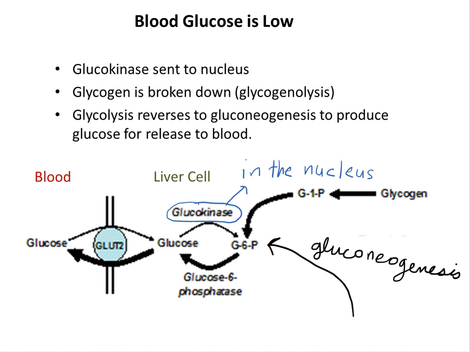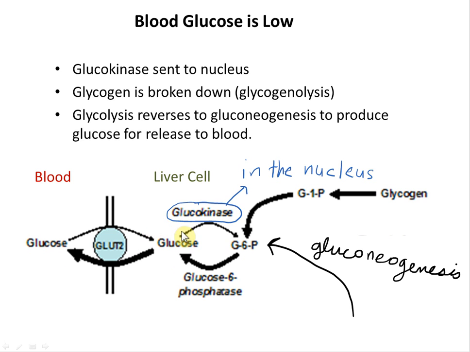When it's low, then our liver cells want to break down glycogen and get gluconeogenesis going. And so they end up forming quite a bit of glucose 6-phosphate. And the phosphate gets removed by this phosphatase to make glucose. So we're trying to generate lots of glucose to release out to the blood.